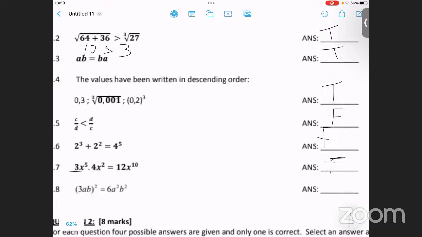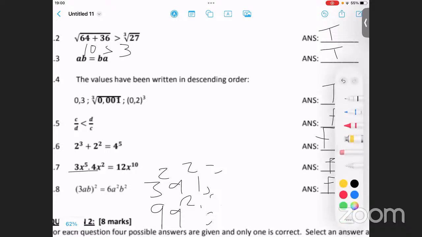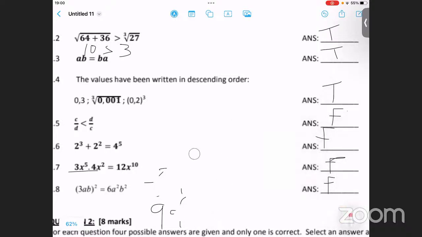Because, ma'am, if you were to square the 3, it would give you 9 and not 6. Yes, it's 3 squared a squared b squared, so it's 9a squared b squared. This was supposed to be the correct answer, right? I'm just going to wipe this.